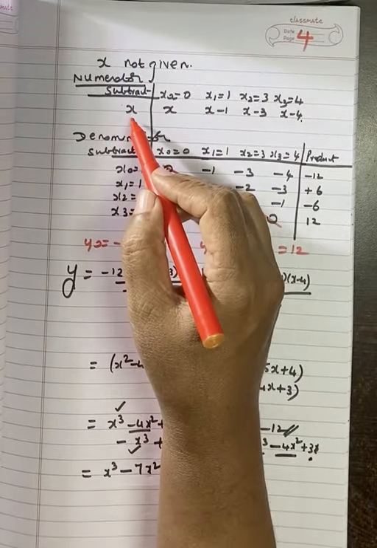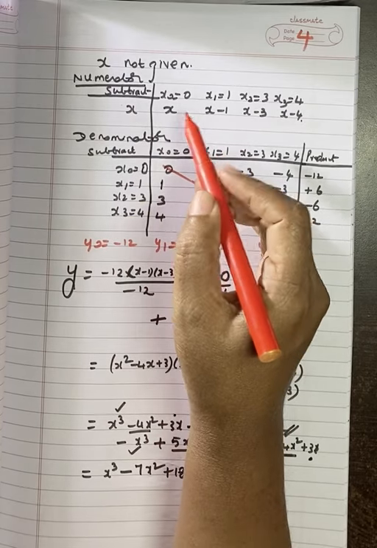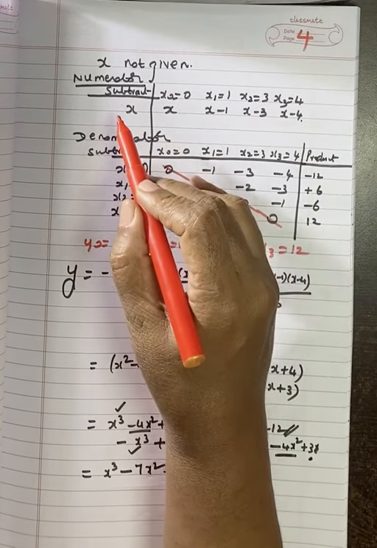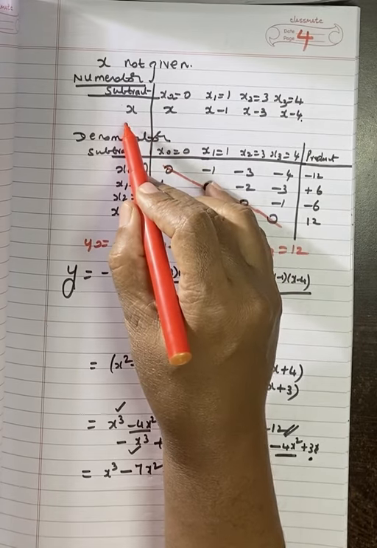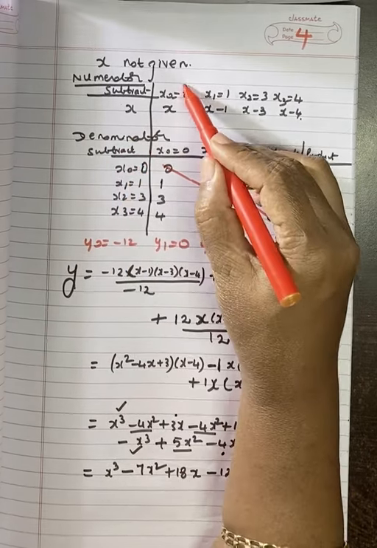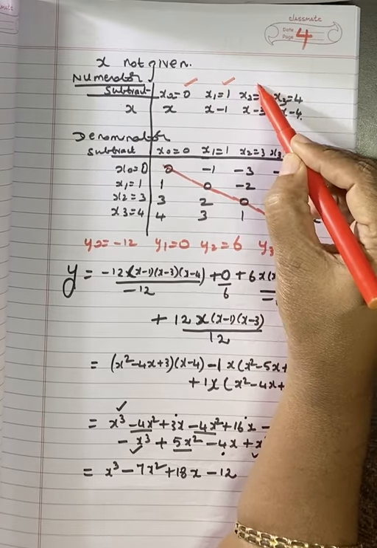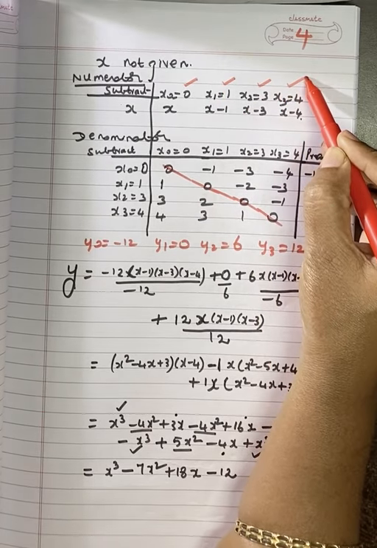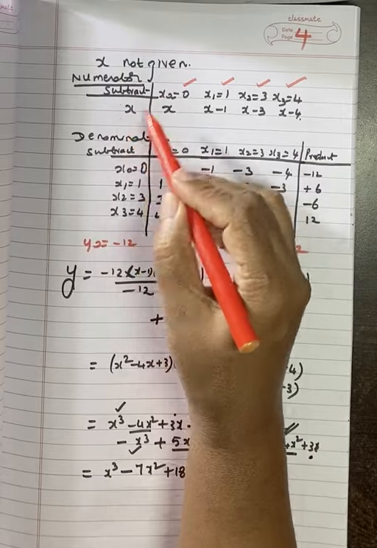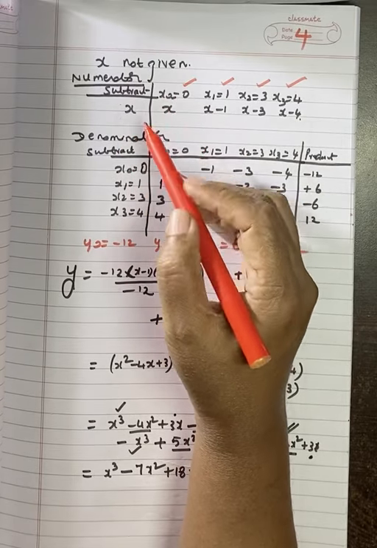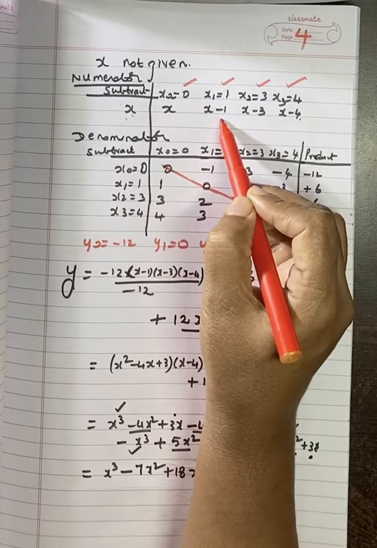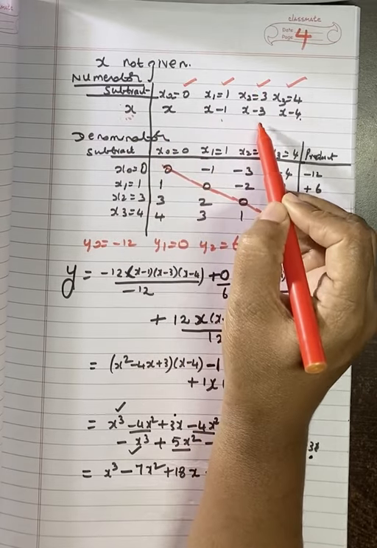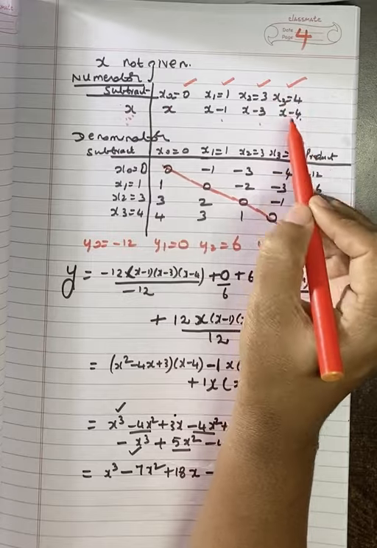In the first sum we saw, they had given the value of x as 1985. Here they did not give the x value, so I'll keep x as it is. x0 I have written, x1, x2, x3 I have written. For the numerator I have to subtract from x. Okay, x minus 0, x minus 1, x minus 3, x minus 4.